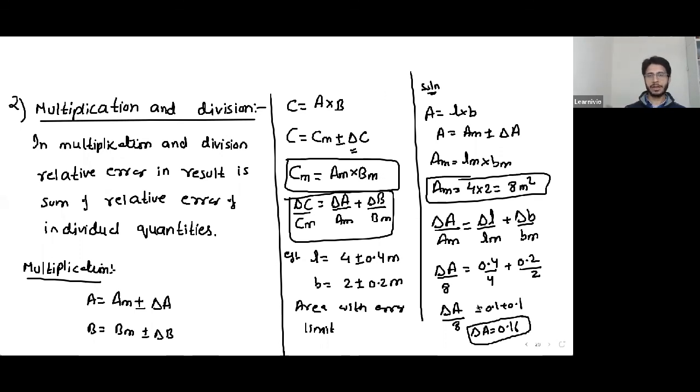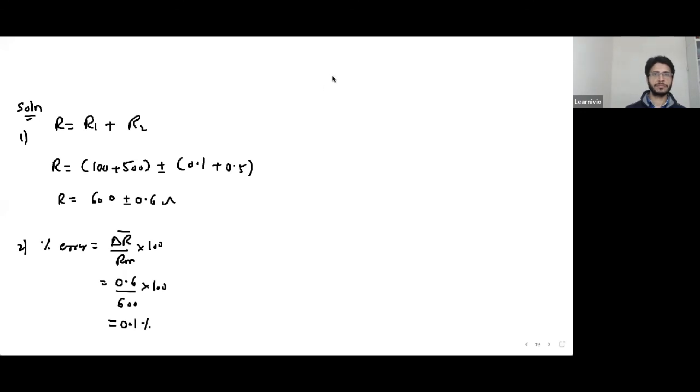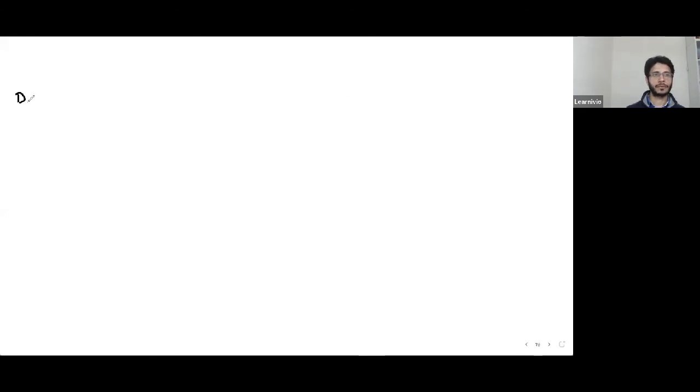Similarly, if I divide two quantities, then also we will combine the relative error. Even in division, we'll combine the relative error. After multiplication, the next is division. So when you are dividing two quantities, just like multiplication, you're again combining the relative error.